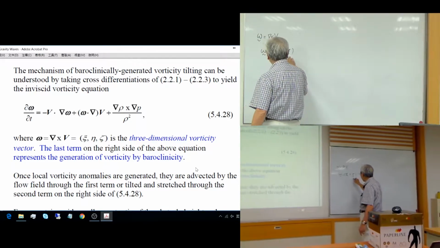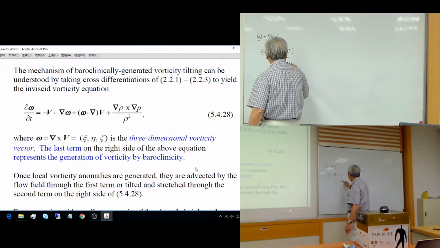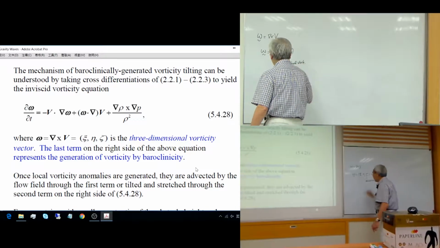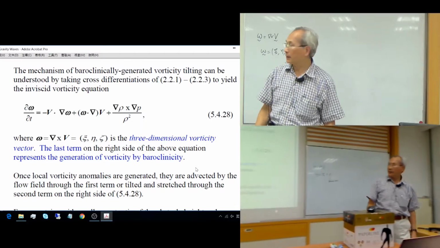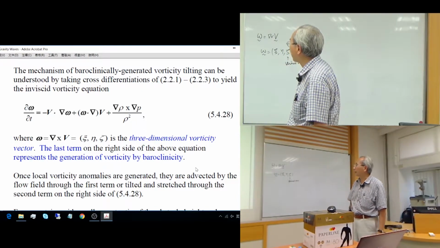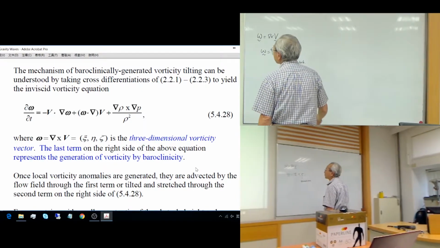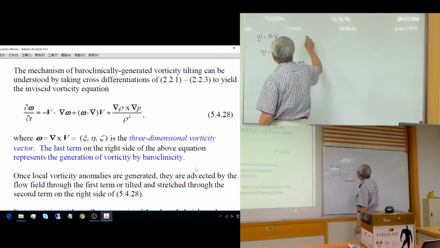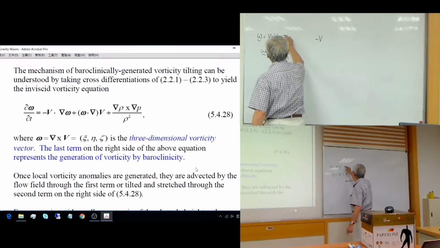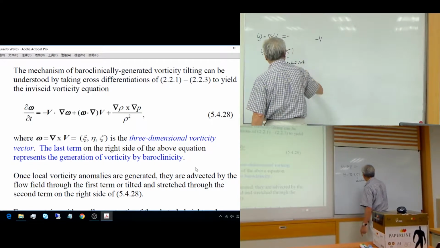Zeta is normally what we are looking at, the vertical vorticity. So the first term equals negative, sorry.